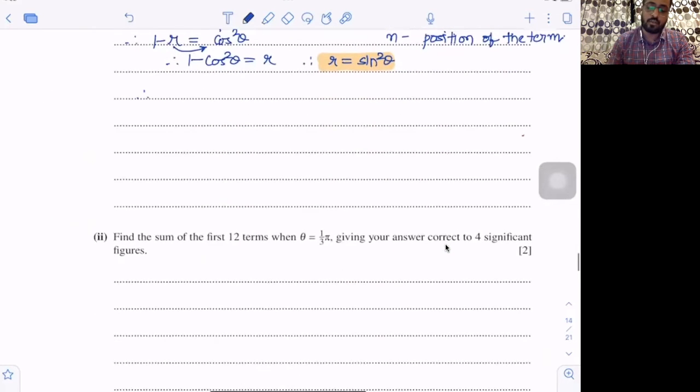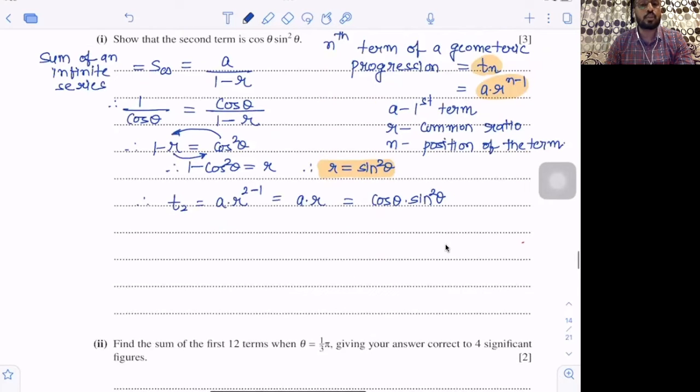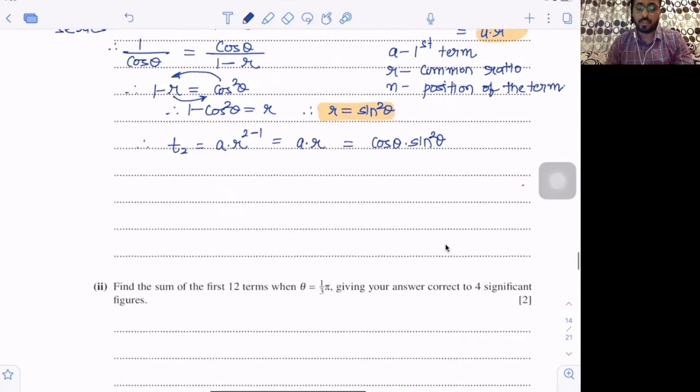So the second term would become T2, which is equal to a r raised to n minus 1, so that's 2 minus 1. So it's basically a multiplied with r. What was a? Do you remember that the first term a was cos theta, and the value of r that you have got is sine square theta. So cos theta multiplied with sine square theta. That's your second term. See, I have shown that the second term is cos theta into sine square theta, right?